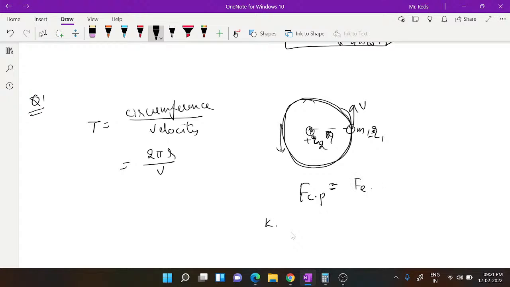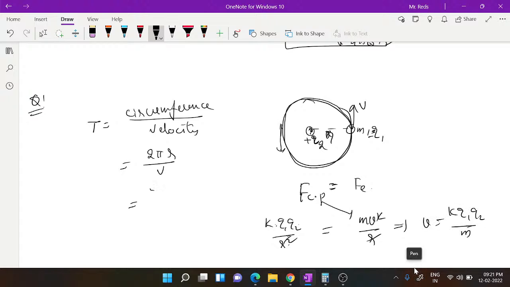Electrostatic force is k q1 q2 by r square, and centripetal force is m v square by r. Simplifying this, you will get the velocity. So velocity is equal to root of k q1 q2 by m r. Substituting this here, we get 2 pi r by v.